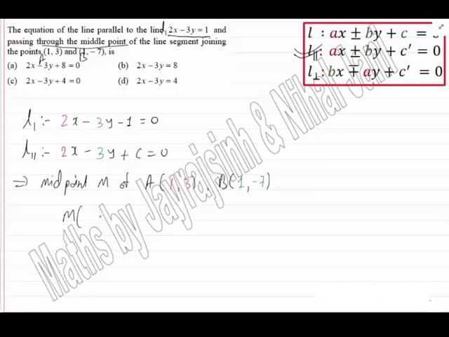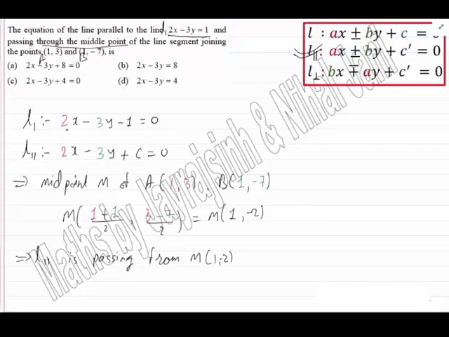Summation of x coordinates, 1 plus 1 upon 2, and summation of y coordinates, 3 minus 7 upon 2. So we can say the midpoint is (1, minus 2), right? Okay, now our required line is passing through the point (1, minus 2), right?